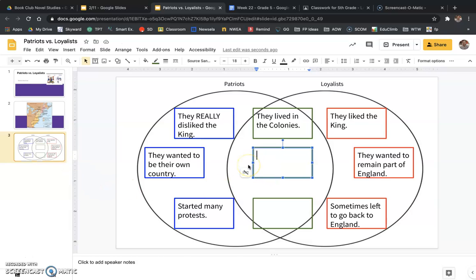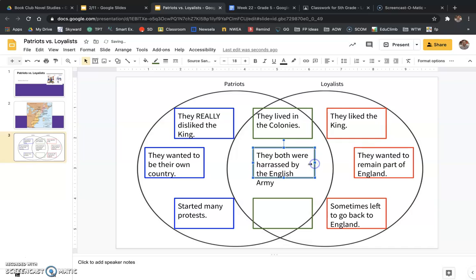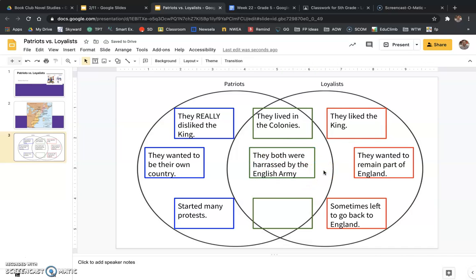Another thing that was similar, they both were harassed by the English army. Okay, so the Patriots, that kind of makes sense, right?